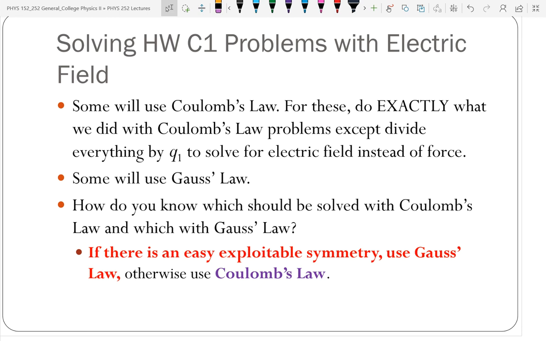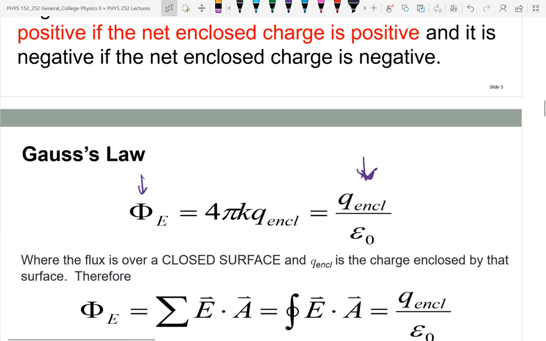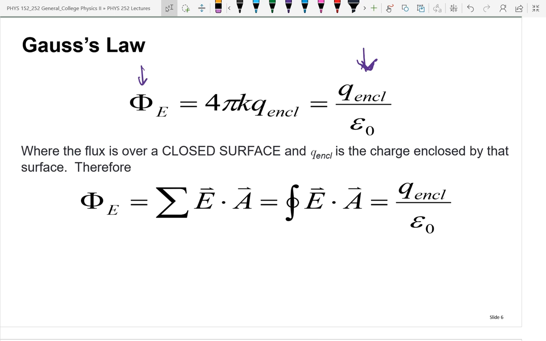I have now covered all but one of the pieces you need for the homework set. One problem uses the differential form of Gauss's law. The differential form, this here is the integral form. You see that the flux was an integral, and so it's the integral form.